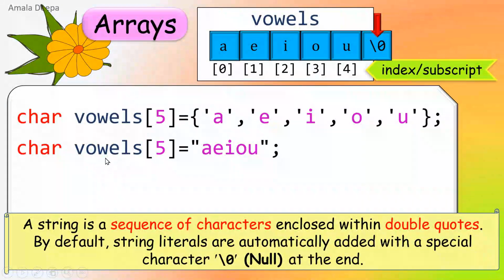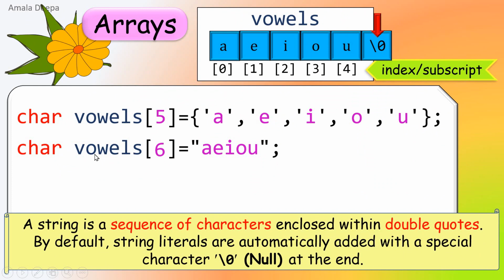When you are initializing a character array with a string literal, you should be careful while giving the size of the array, because you should provide an extra location for the null character. So in this declaration, the size of the array 5 will be insufficient. I should give it as 6 to avoid an error.